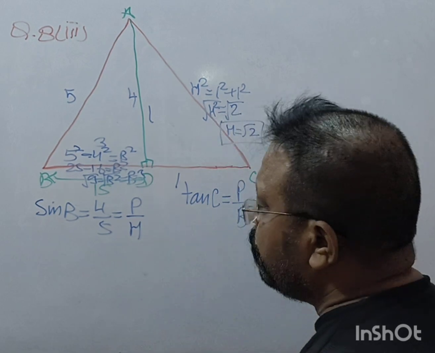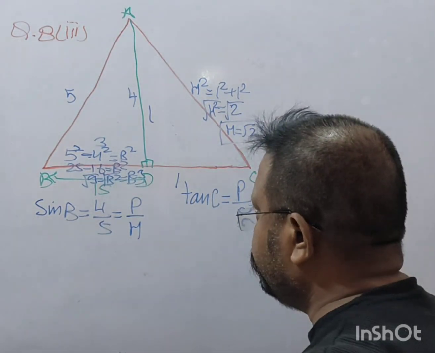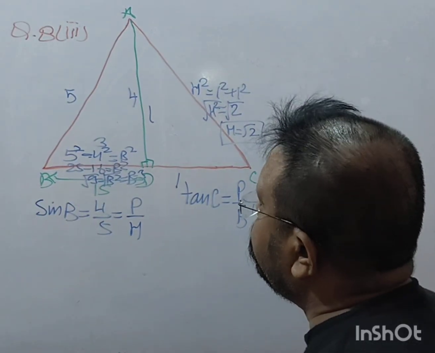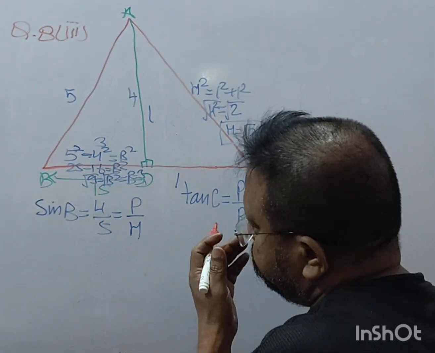Now what are they asking for? Calculate the lengths of AD, AB, BC and AC. So you have to find AD.